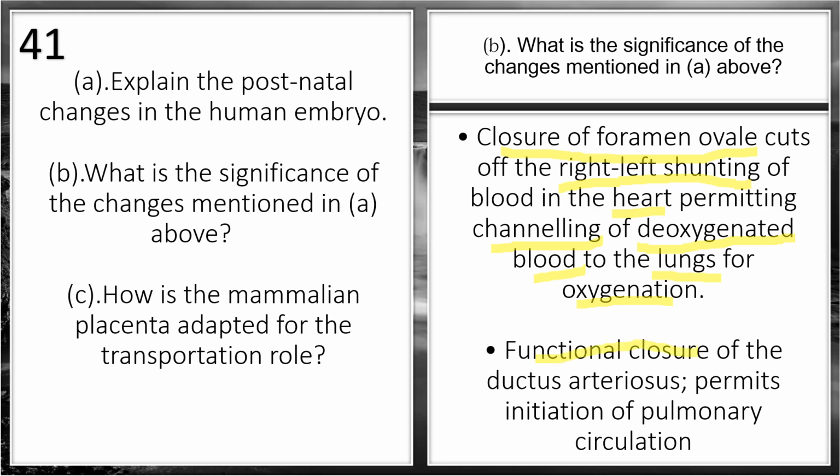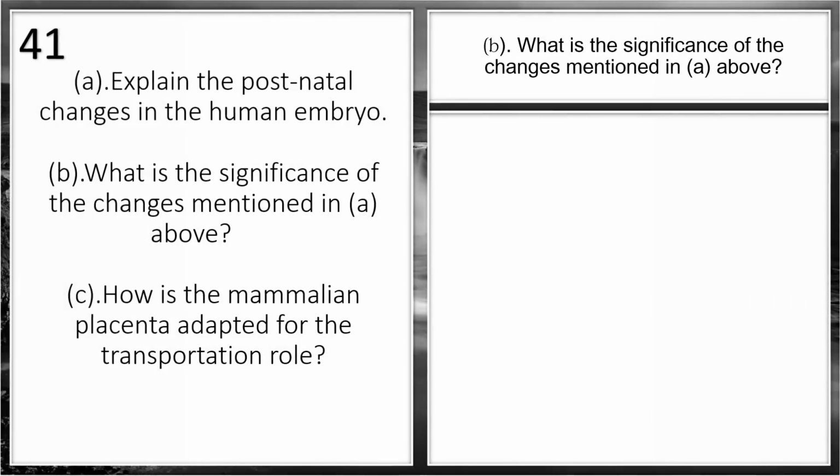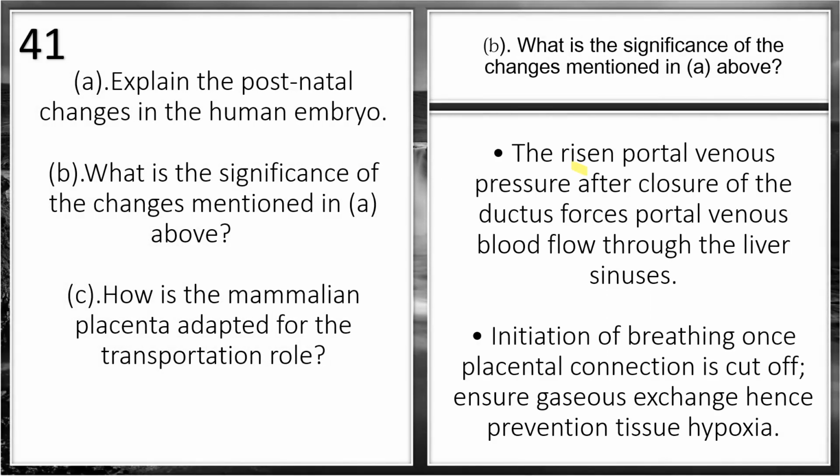Functional closure of the ductus arteriosus permits initial pulmonary circulation. The raised portovenous pressure after closure of the ductus venosus forces the portovenous blood flow through the liver sinusoids.